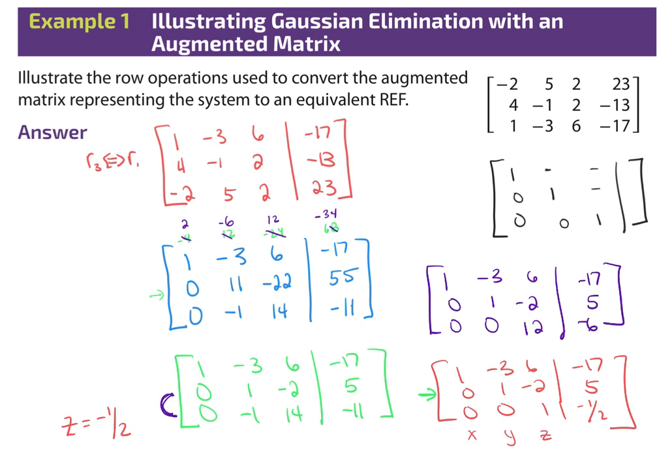This guy would be 1y minus 2z equals 5, right? So if I plug in a negative 1/2, I'm going to get a positive 1, subtract, right? Y is going to equal what? Negative 2 times negative 1/2 is 1. Subtract 1, y will equal 4, right?